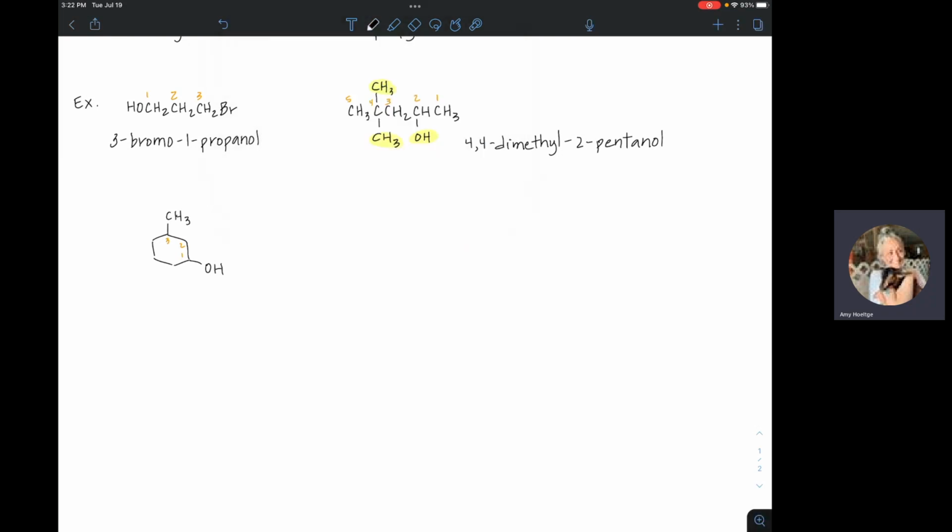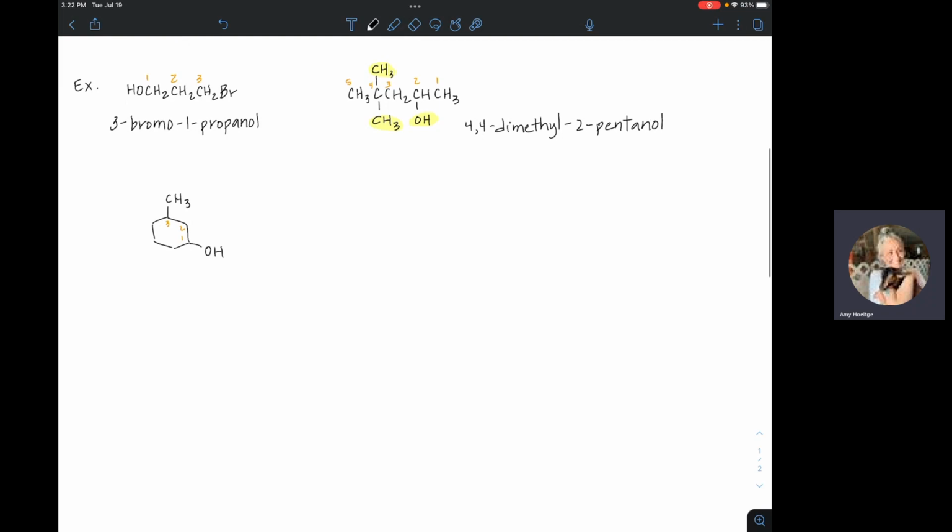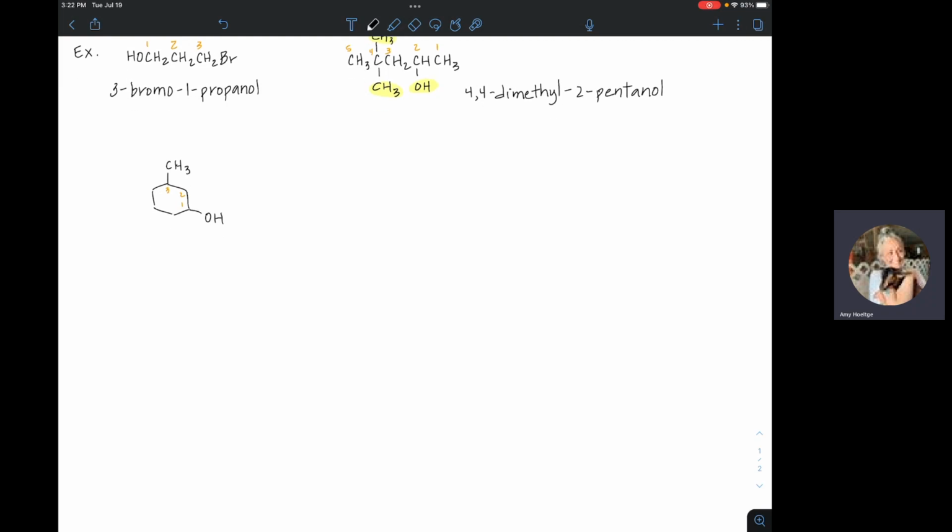So after you've prioritized the hydroxyl group, you want to make sure then that your other substituents are going to get the lowest possible number. So this becomes therefore 3-methyl. And instead of cyclohexane, it'll be cyclohexanol.